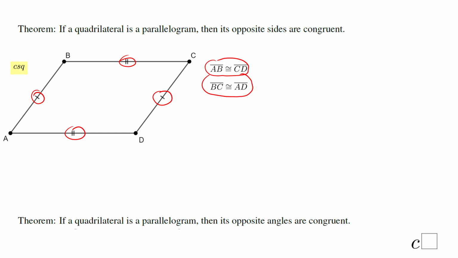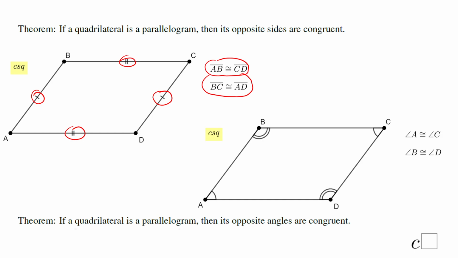Another property is right here, the opposite angles are congruent. What do I mean by that? Angle A congruent to angle C, you notice they are marked the same. Angle B congruent to angle D, they are marked the same way. So opposite angles are congruent.